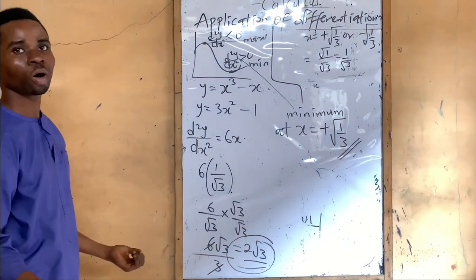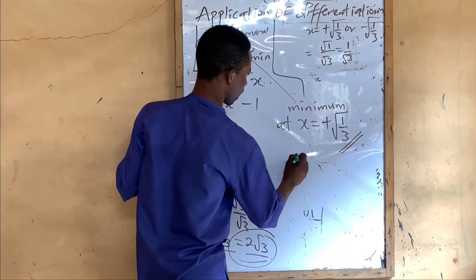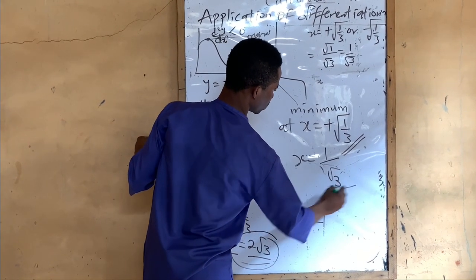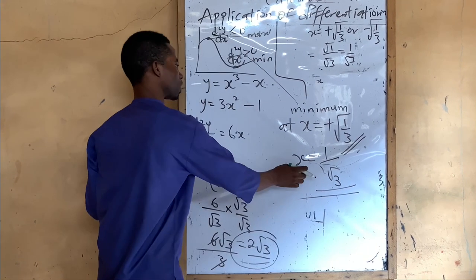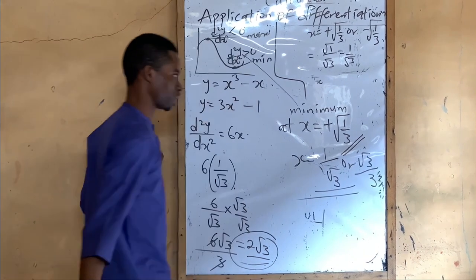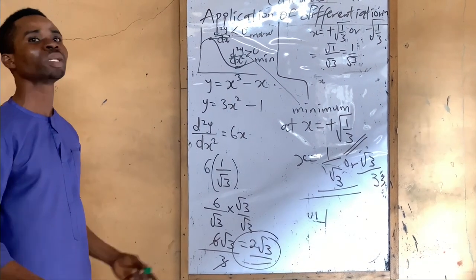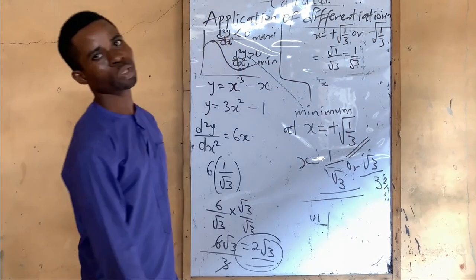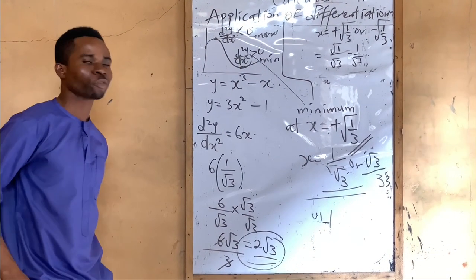Or in case of our options, you can also see that as s equals 1 all over root 3. Or when they rationalize it, root 3 all over 3. So that, because they asked us to find the minimum. Definitely, if I check for the second one, it's going to be the maximum. So I'll stop here for today.